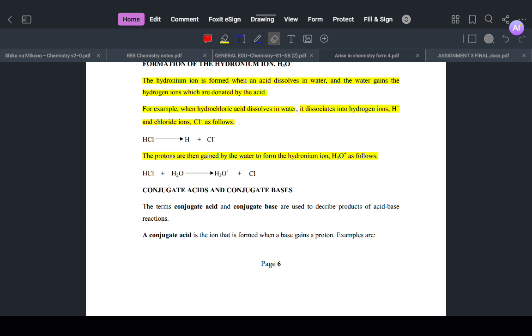All right, so going forward, we would like to look at a very useful concept related to acids and bases, and this is what we call conjugate acids and bases. So pay attention, because we'll be discussing this today and looking at some important examples.